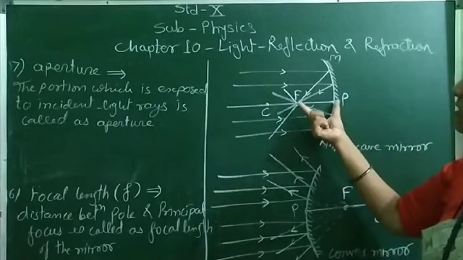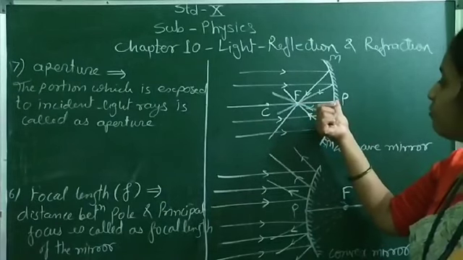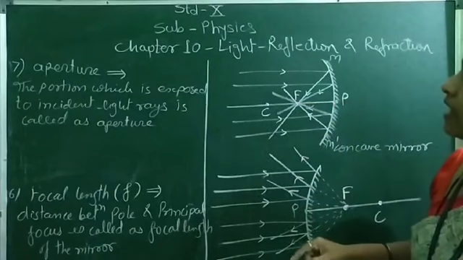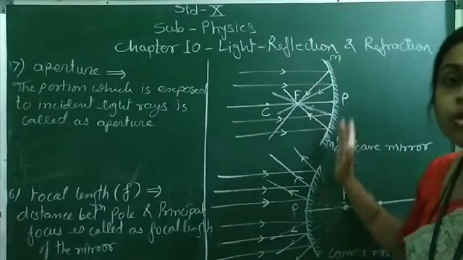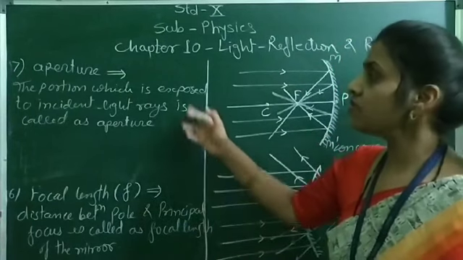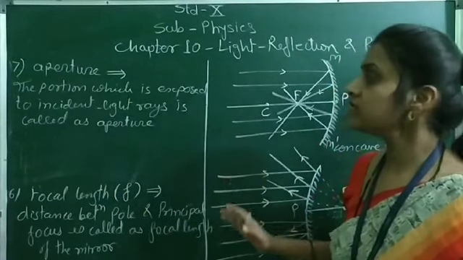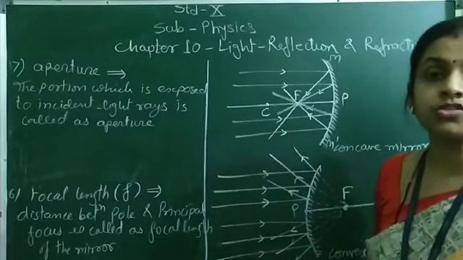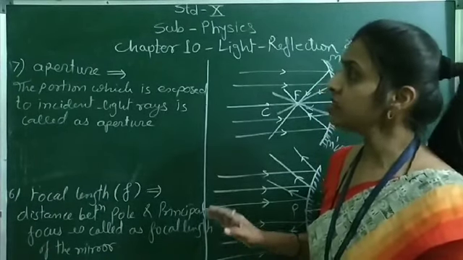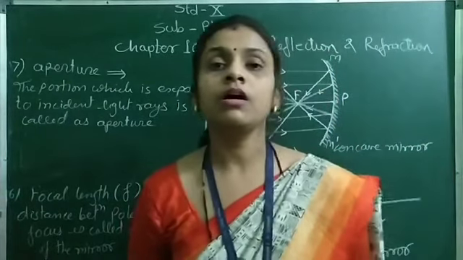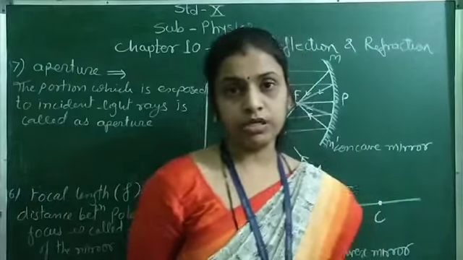Then focal length is nothing but the distance between pole and the principal focus. And aperture is nothing but the small portion which is exposed to incident light rays. So these are the 7 important definitions related with spherical mirrors, and these definitions are also important from the exam point of view.